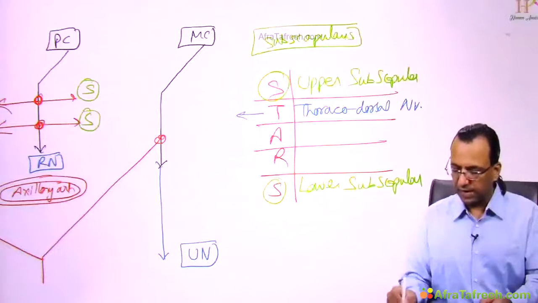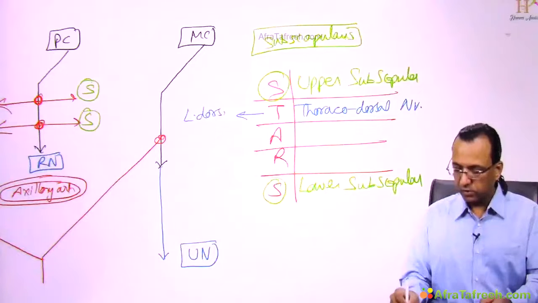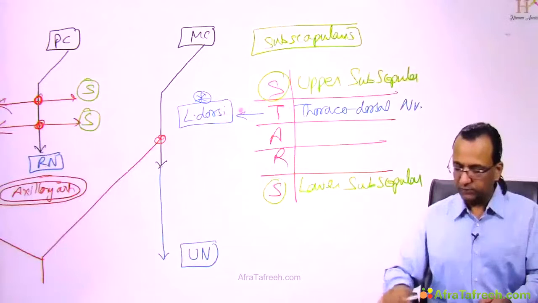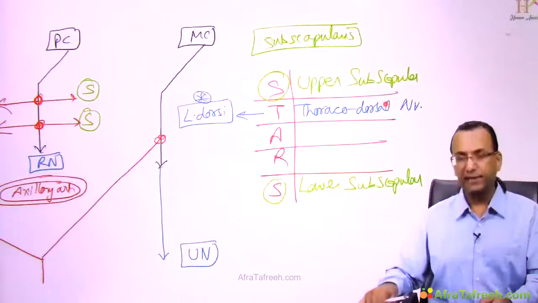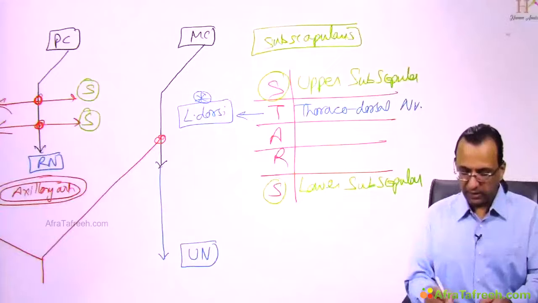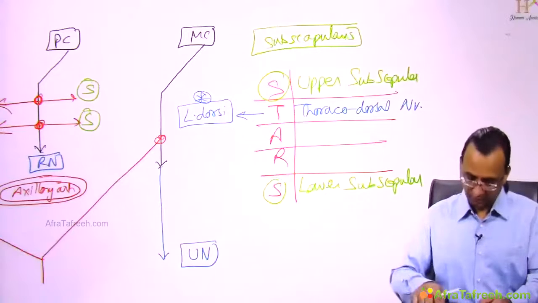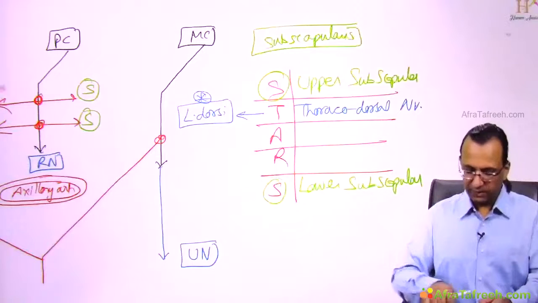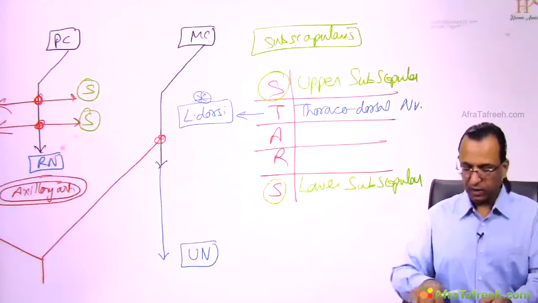That is called latissimus dorsi, supplied by the thoracodorsal nerve. Yes, I can write T here, and R is already there. So this is STARS: S, T, A, R, S.